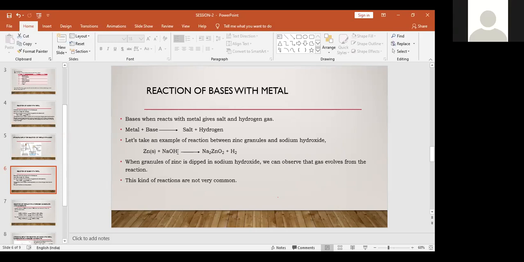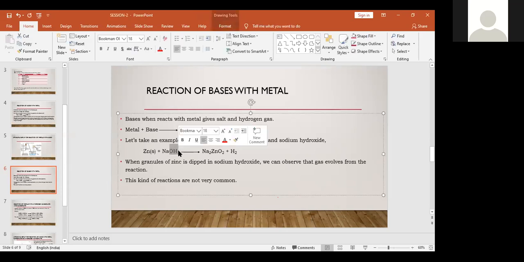Radical you understood, because here OH is the radical. Hydrogen is not alone. Oxygen is already associated with it. And hydrogen will always have more affinity to bond with oxygen than any other metal has with oxygen. That's why these kinds of reactions are not very common.